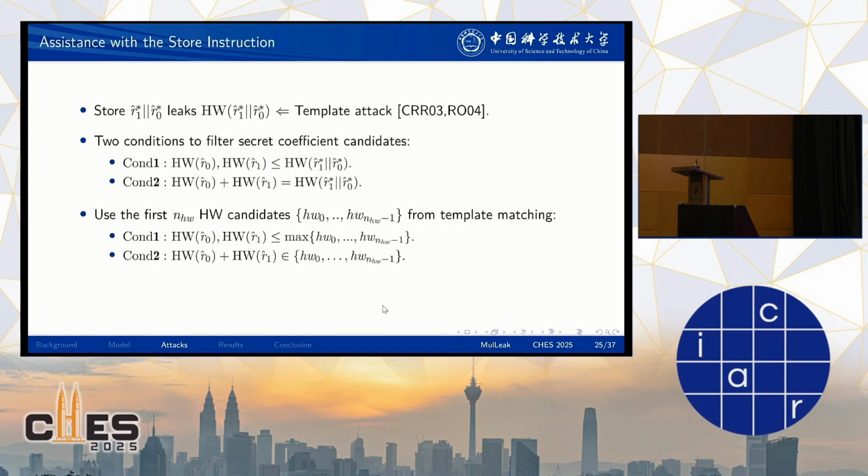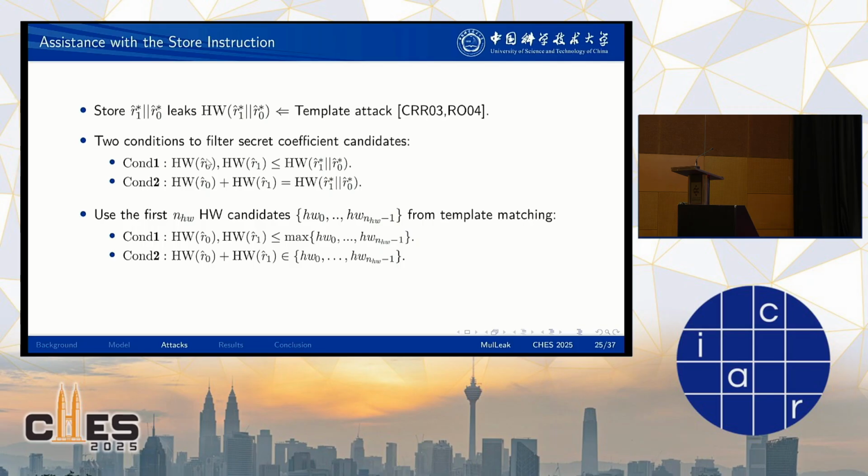We can use the Hamming weight information of the result coefficient pair to filter secret coefficient candidates. Here, R hat 1 s and R hat 0 s are the correct result coefficients. R hat 1 and R hat 0 are our guess coefficients.